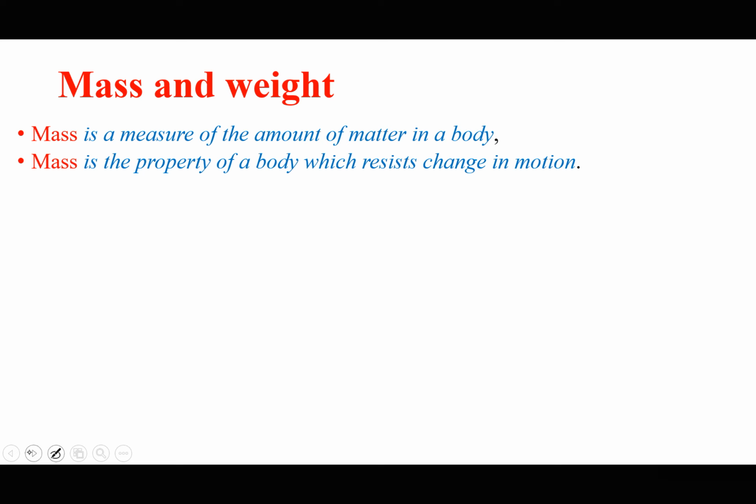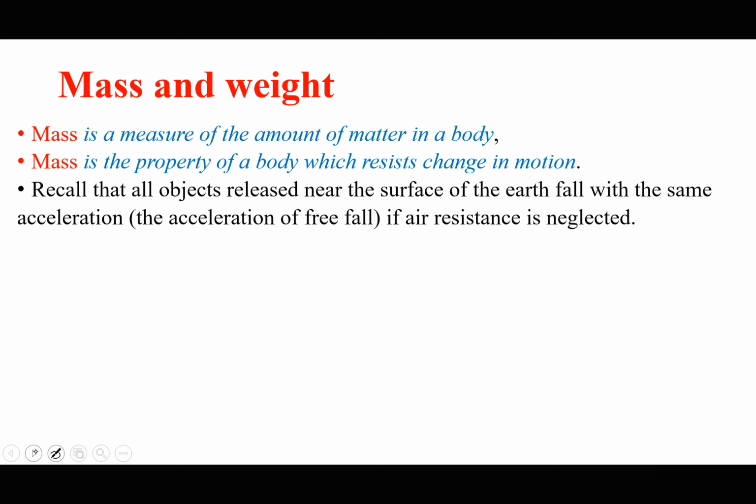But I also want to recall something very important. All objects released near the surface of the Earth fall with the same acceleration, that is approximately 9.81 meters per second squared, if air resistance is neglected or is negligible. Why is that possible?